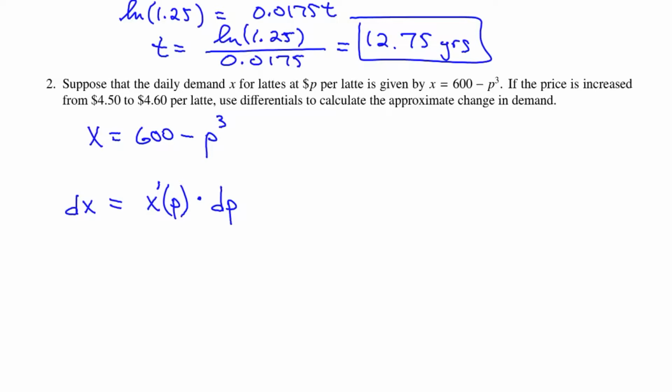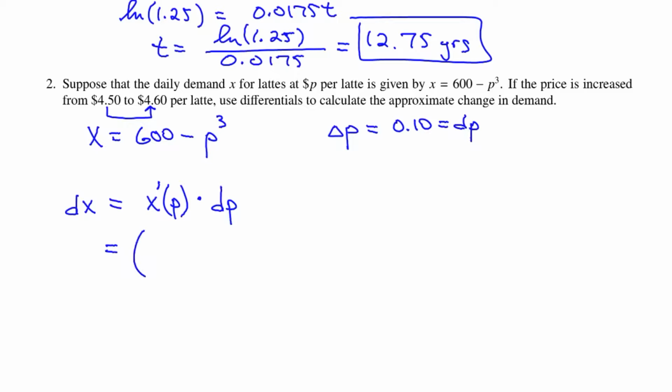So what was the differential in the price? Well, the price rose from $4.50 to $4.60, so that would be $0.10 or 10 cents. Remember that we assume Δp is equal to dp under the differentials assumption.